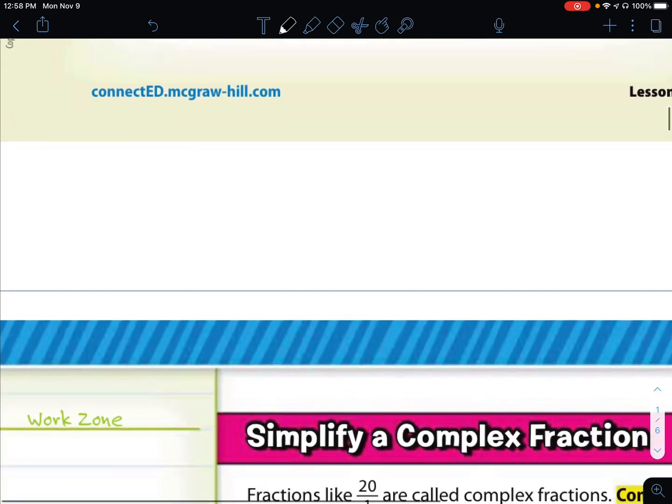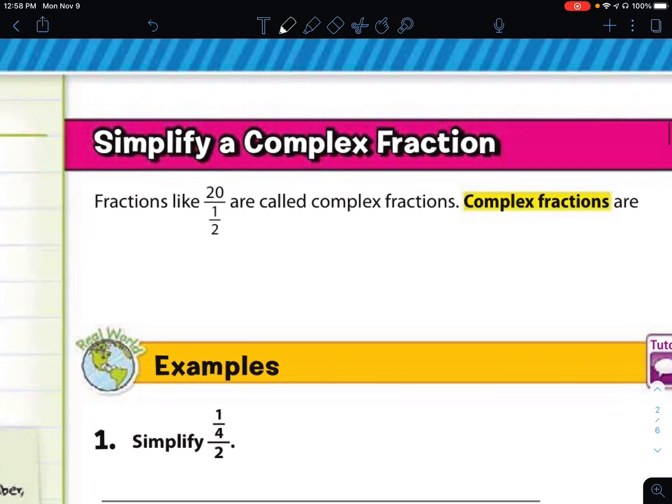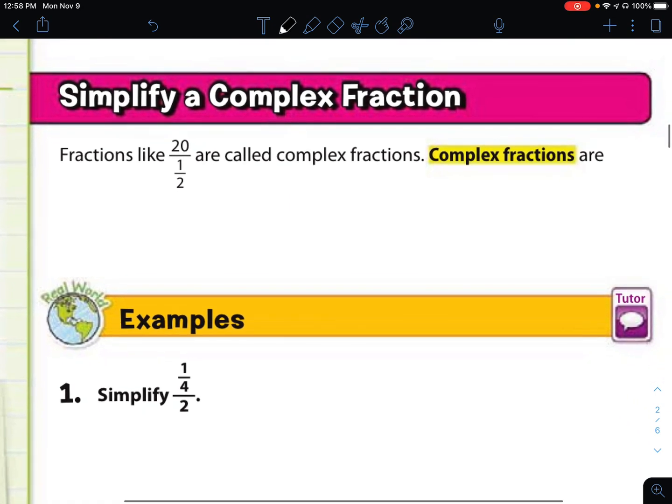Okay, let's take a look at the concept right here. Let's define what a complex fraction is. Fractions like 20 over 1/2 are called complex fractions.